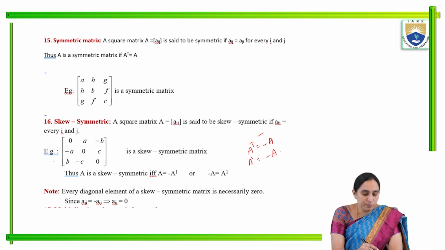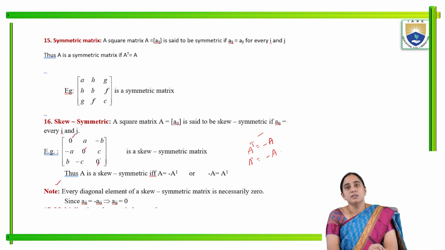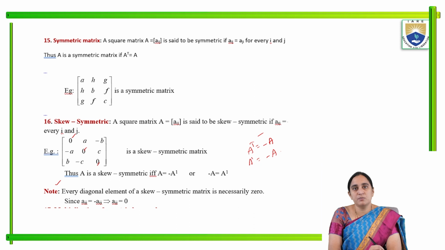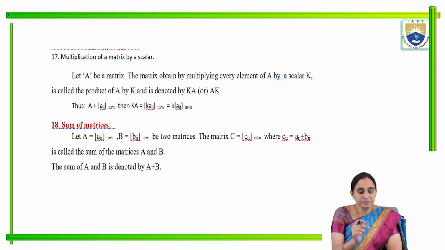An important point for the skew symmetric: every diagonal element is necessarily 0. Only in that case is the given matrix a skew symmetric matrix. What is the difference between symmetric and skew symmetric? Symmetric means A transpose is equal to A. Skew symmetric is A transpose is equal to minus A.